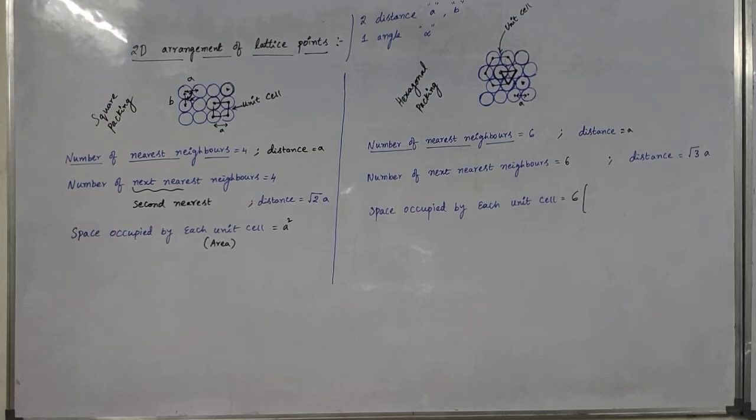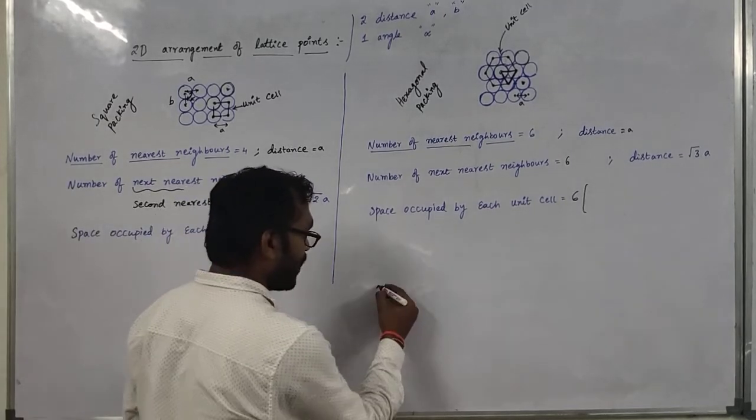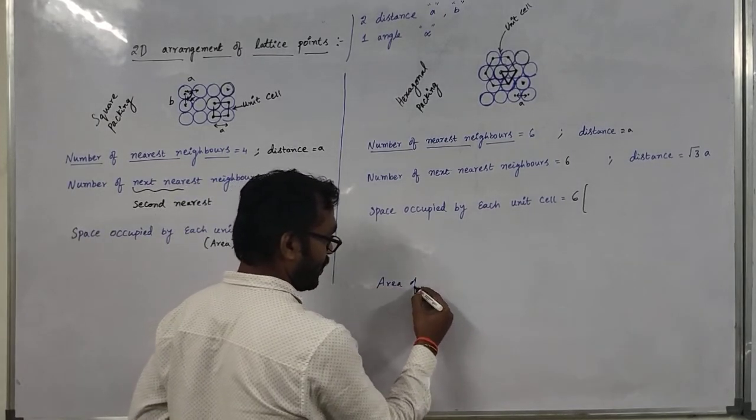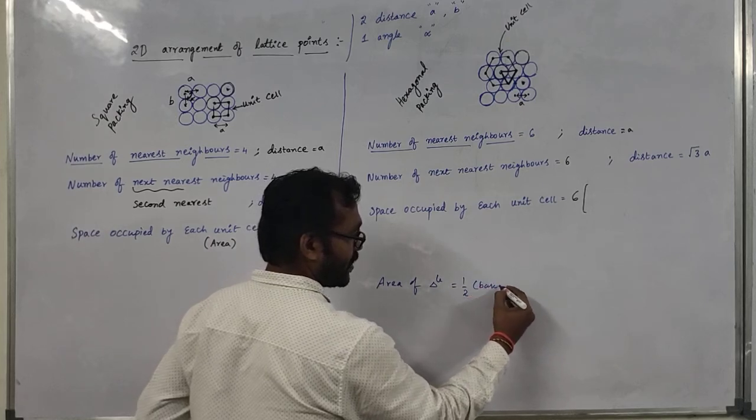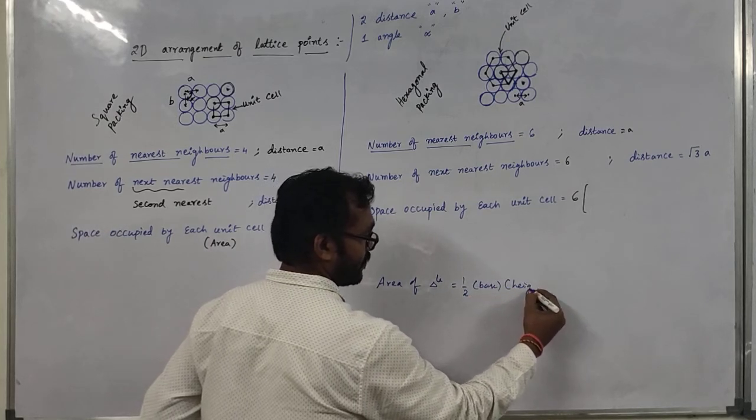Half into base into height. The formula for the area of a triangle: area of a triangle is half into base into height.